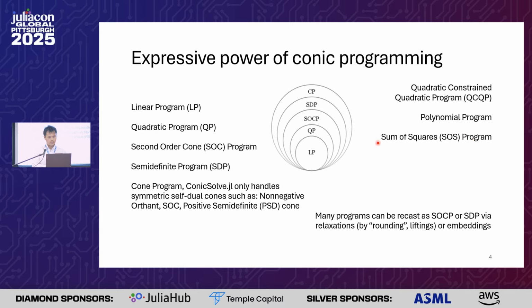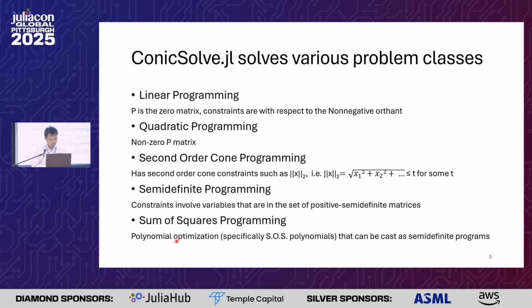Another interesting program that we're going to look at is sum of squares programming. That's interesting because it can reduce to semidefinite programming, through what are called relaxations of the non-convex problem. What we're going to do is assume that everything is convex, because that's what's easy to solve, and you get a lot of benefits by solving convex problems.